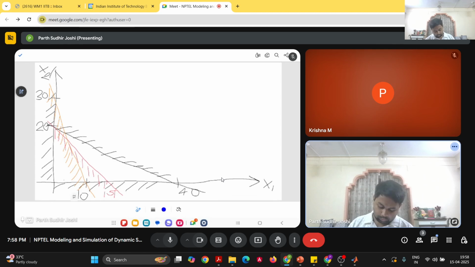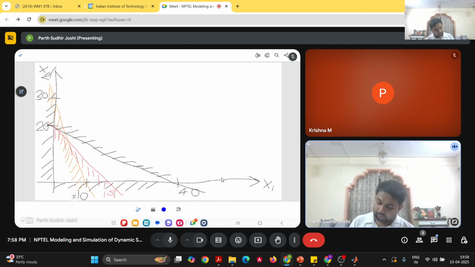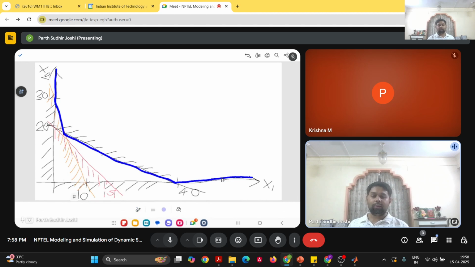So our feasible region, I am trying to draw it using a slightly thicker line, so it will be this. So this is our feasible region.